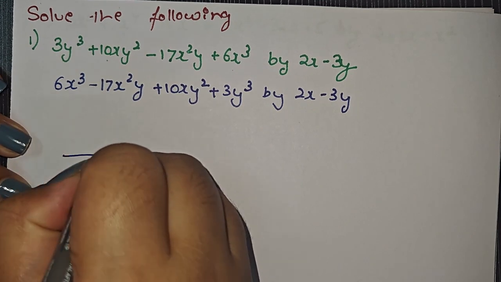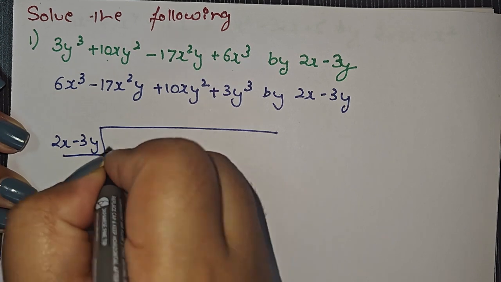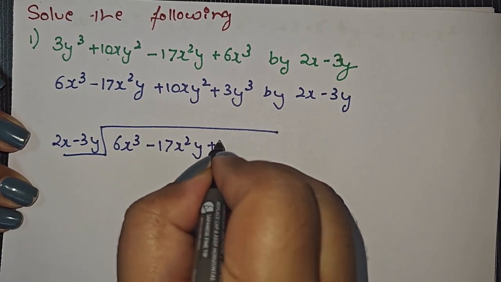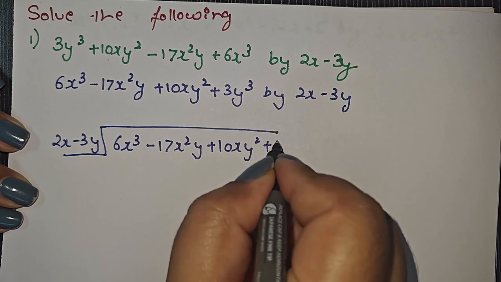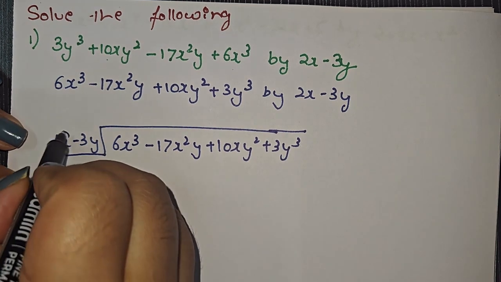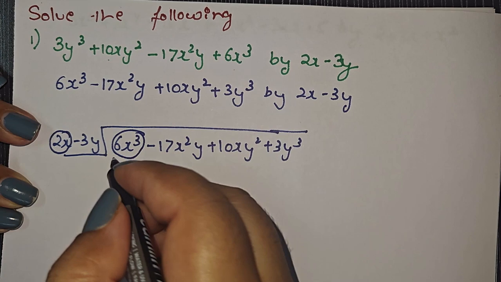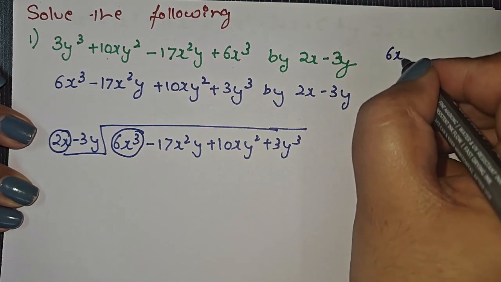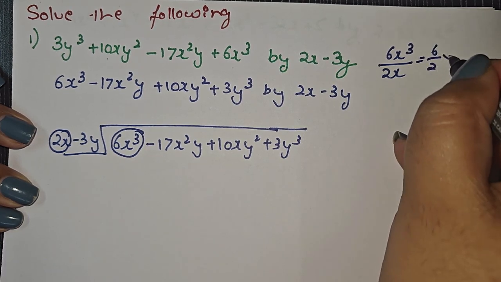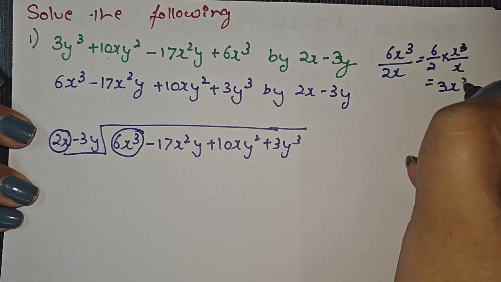Now we will write it like this. First of all, we will pick up the first term here and the first term from this one, and we will divide it. So we have 6x to the power 3 upon 2x, which will be 6 by 2 into x cubed by x, which is 3x square.